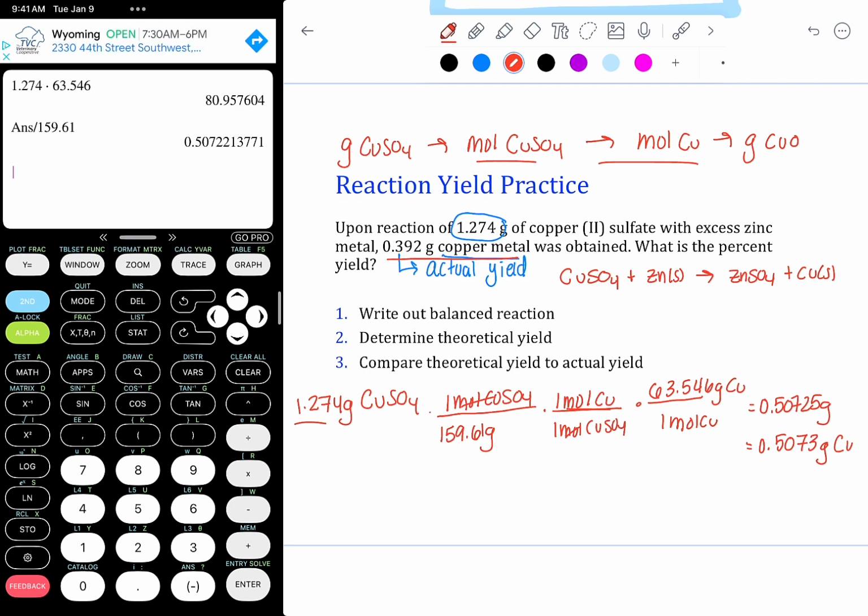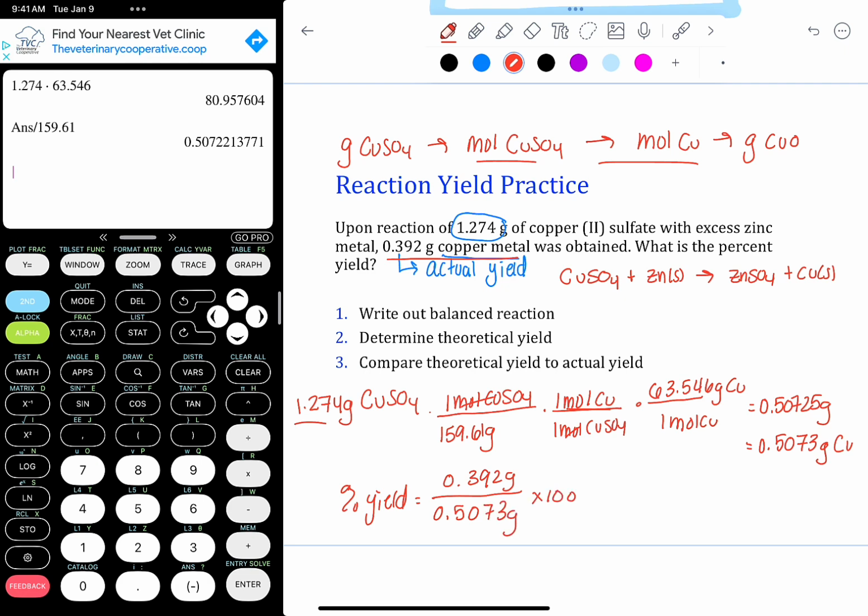I actually made less. So we can now find the percent yield. So percent yield is equal to the actual yield, which is that 0.392 grams, divided by the theoretical, which is what we calculated to be 0.5073 grams. We multiply it by 100 to make sure we're in a percentage, and we get out, let's see, 0.392 divided by 0.5073 multiplied by 100.